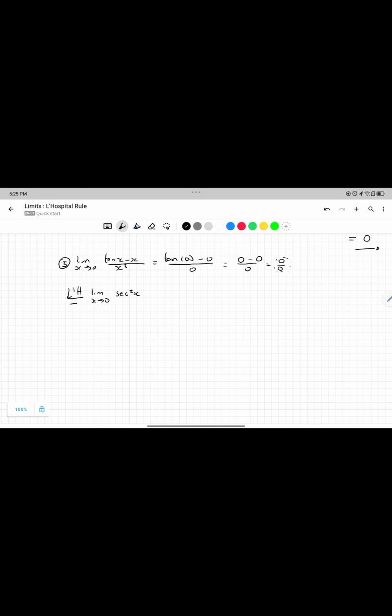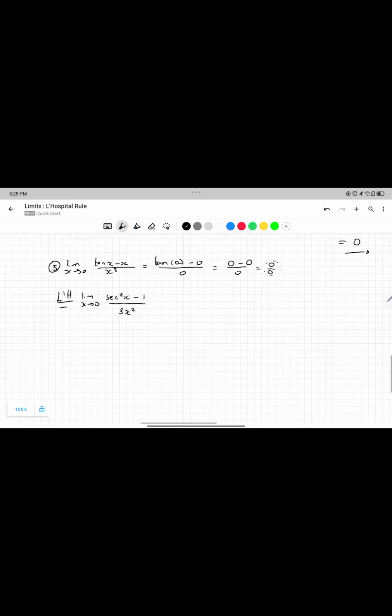When you differentiate minus x, you get minus 1. And when we differentiate x cubed, we get 3x squared. So in that case, are we still going to get an indeterminate?